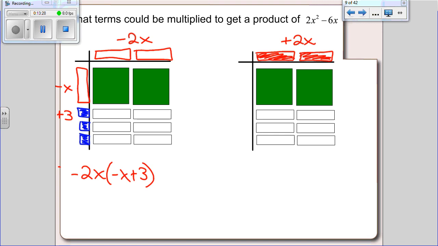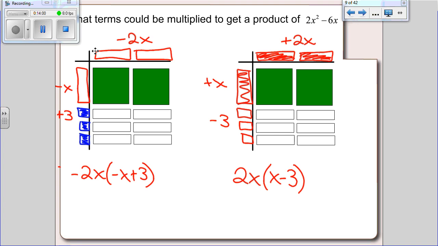A positive x to create these x squares in the middle, and then 3 negative 1s would create all those negatives. So that would be a positive x and a negative 3. And you see, you don't have to have the same monomial and binomial multiplying together to get the same answer. Those are different. Very close, but they are slightly different, right? The positives and the negatives are kind of swapped around each other.